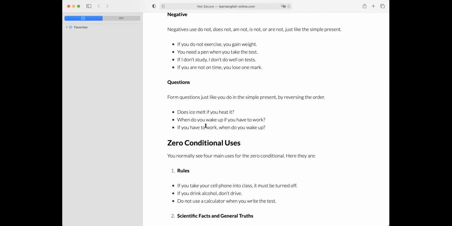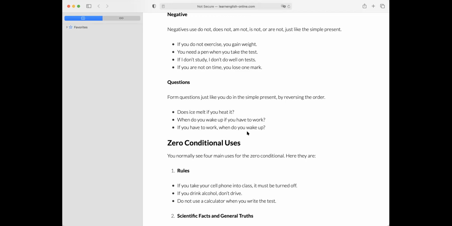So you can do it in this way as well. So you can start using the if clause. Look at when do you wake up? If you have to work, or you can also start using the if clause, comma, and then the second sentence becomes a question.